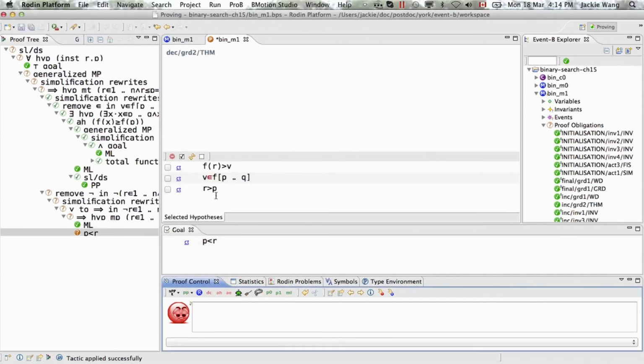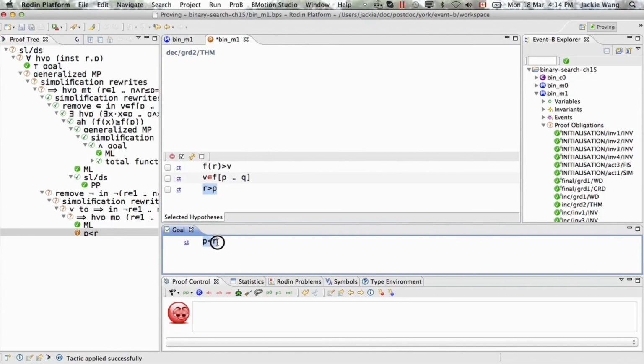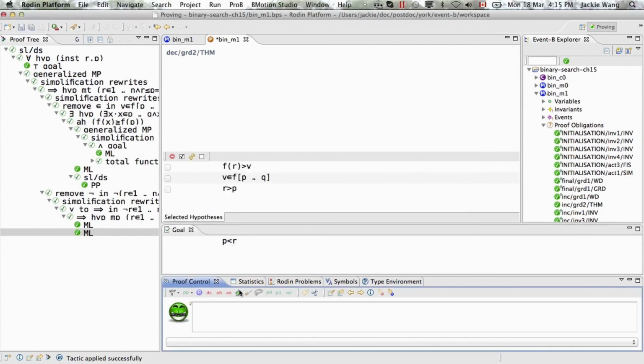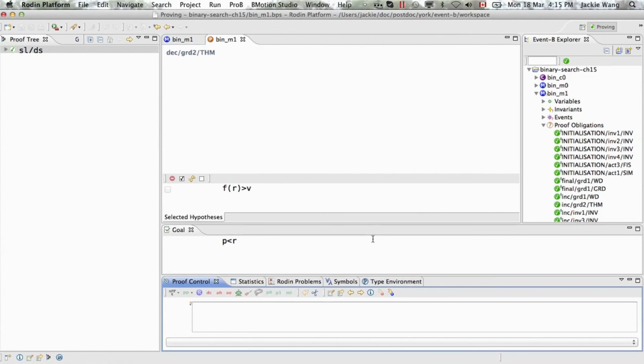And now what remains to be proved will be trivial, because as you can see here, r greater than p is equivalent to p less than r. So you've just proved that, it blows away. Now we have completed the proof of the guard that we added as a theorem for the event decrements.